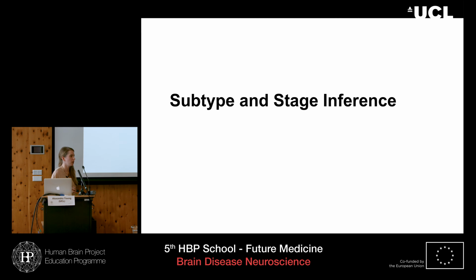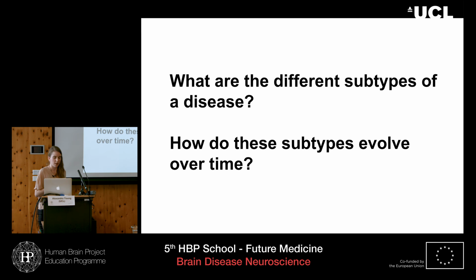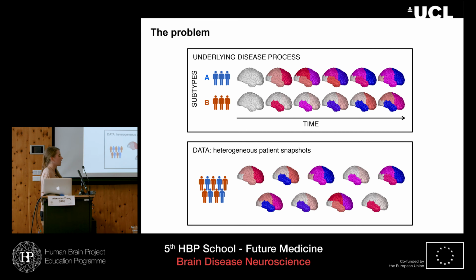Next I'm going to talk about disease subtyping, in particular some of the work that I've been doing on subtype and stage inference, which is asking the question, firstly, what are the different subtypes of a disease, but also simultaneously, how do these different subtypes evolve over time? So here's a schematic of the underlying problem we're trying to solve. It's based on the assumption that there's some underlying disease process where there are two groups of individuals, or however many groups.